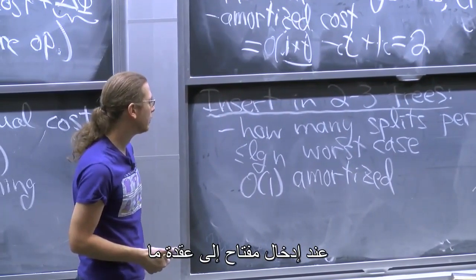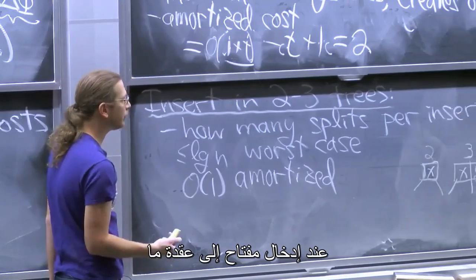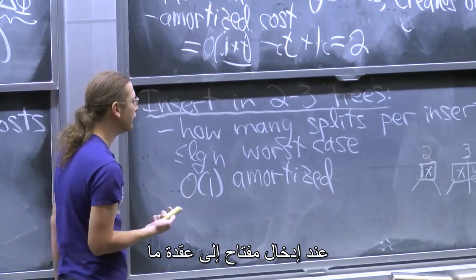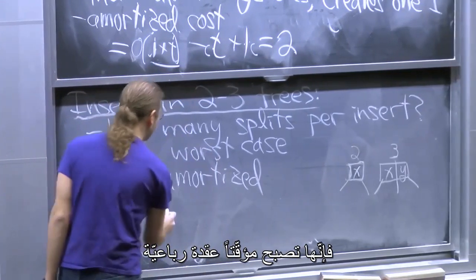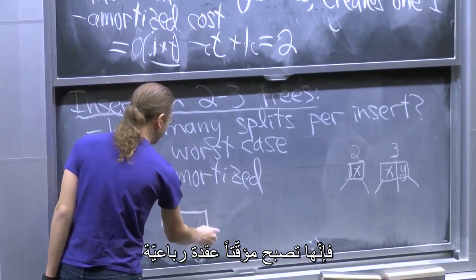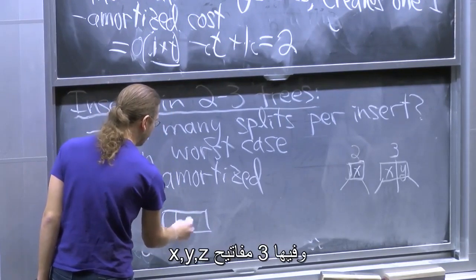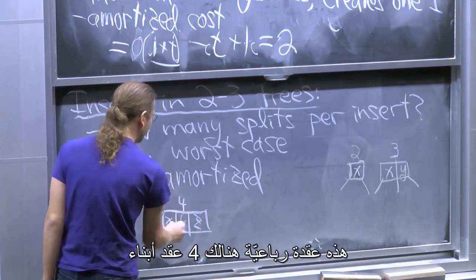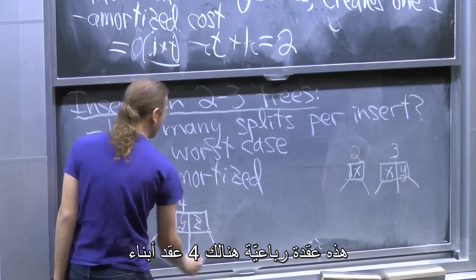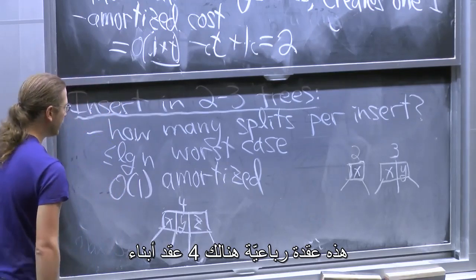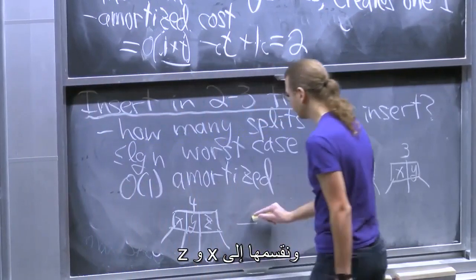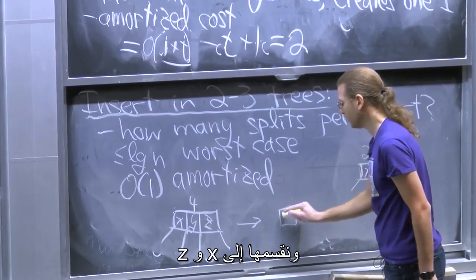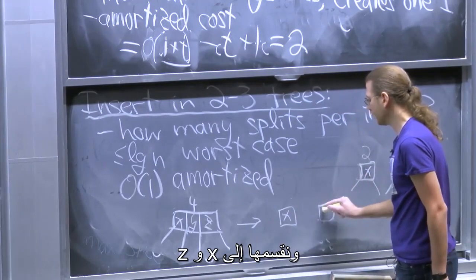So when I insert a key into a node, it momentarily becomes a 4 node, you might say, which has 3 keys, x, y, and z. It's a 4 node. It has 4 children, hence the 4. And we split it into x and z.